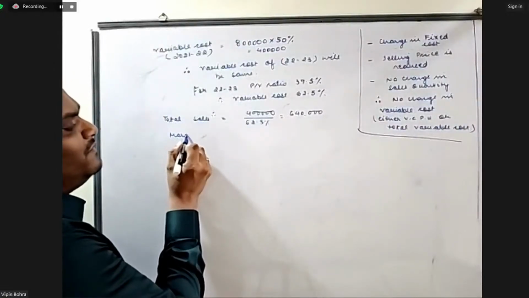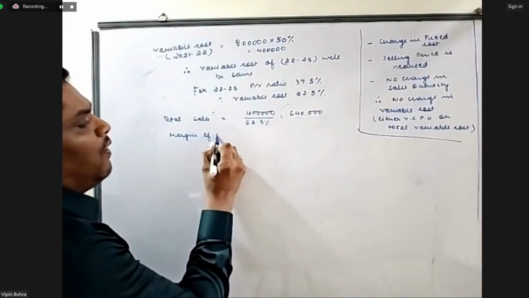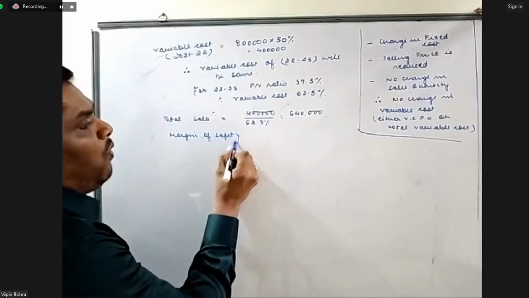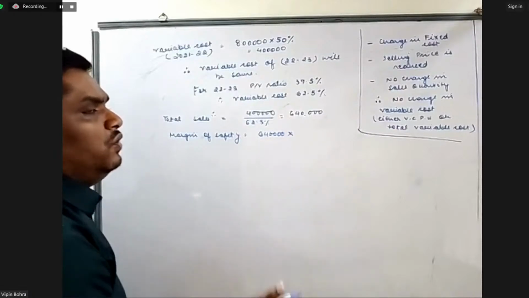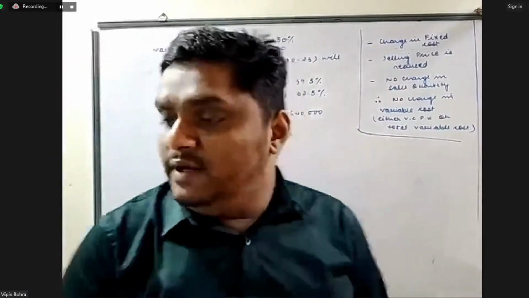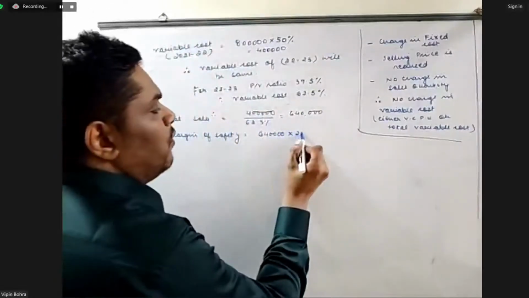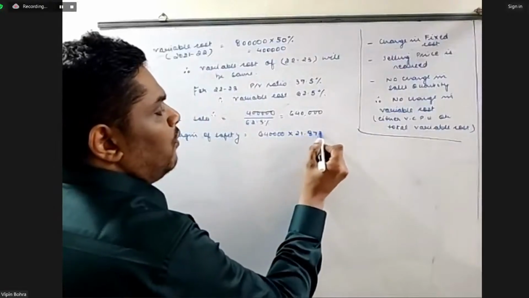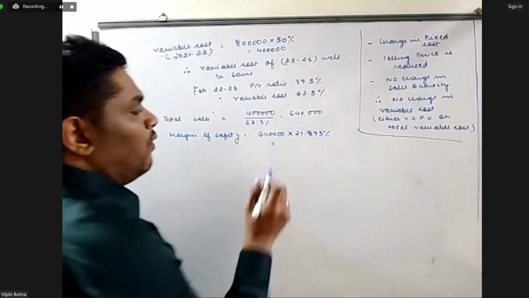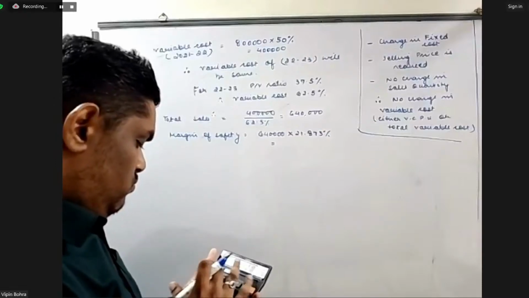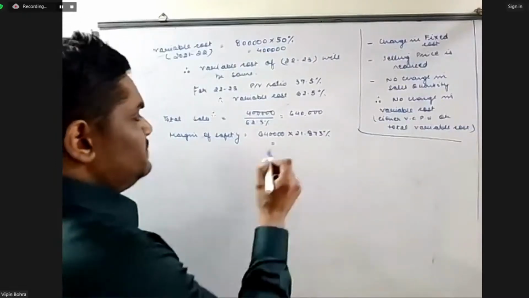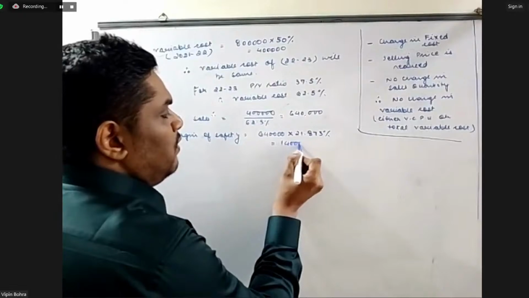My margin of safety will be 6,40,000 into 21.875%, so this will be 1,40,000.